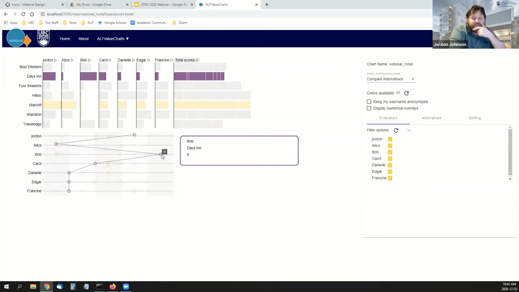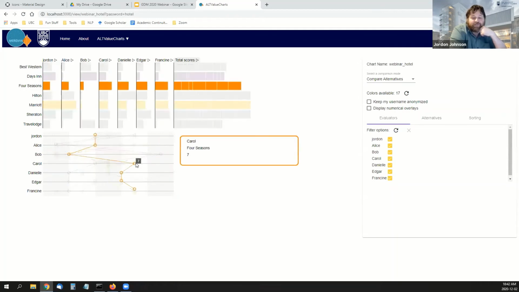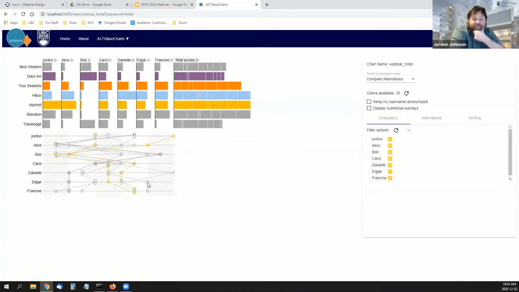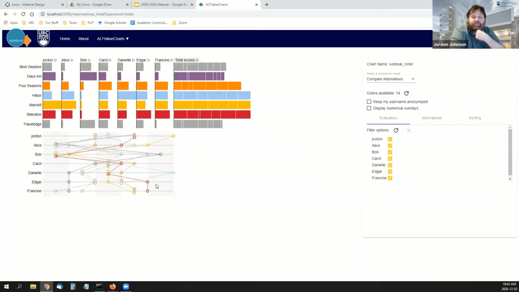Bob seems to prefer Days Inn. It looked like Alice preferred Marriott along with me. Carol seems to prefer Four Seasons. Danielle seems to prefer the Hilton. And it looks like Edgar and Francine prefer the Sheraton. So that's a number that are interesting.